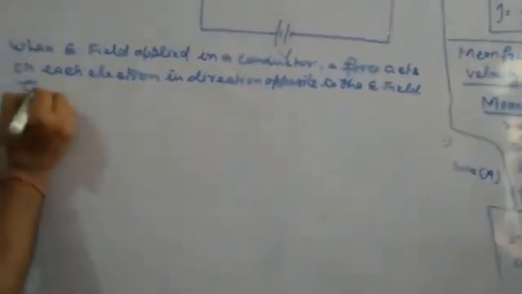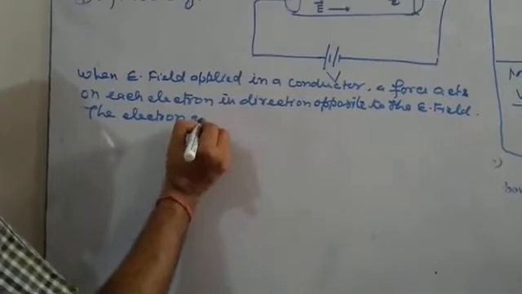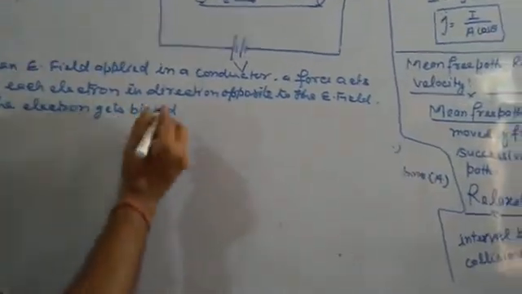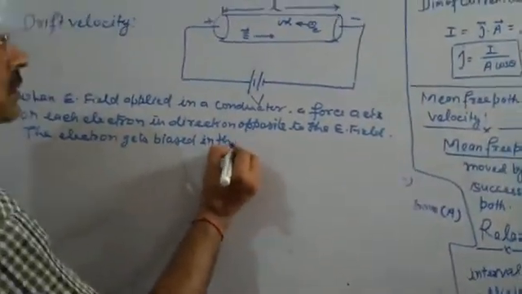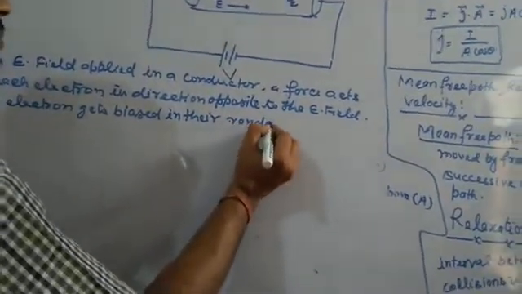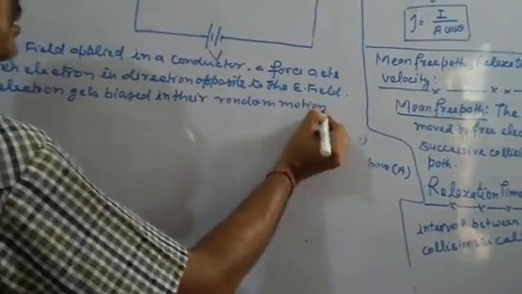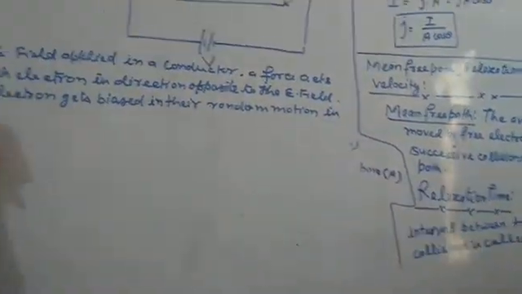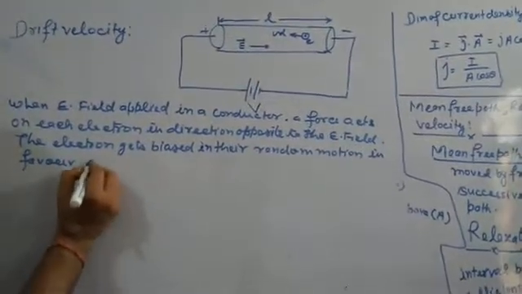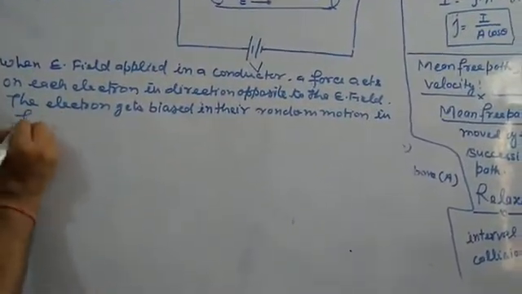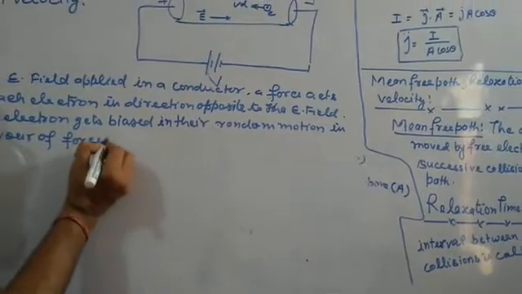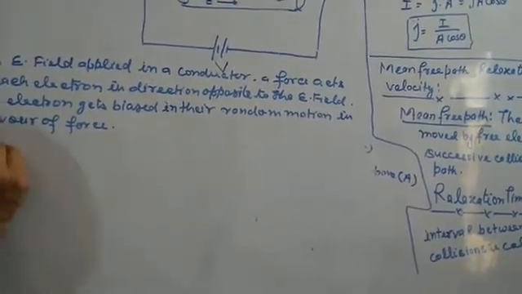The electrons get biased in their random motion in favor of the force.